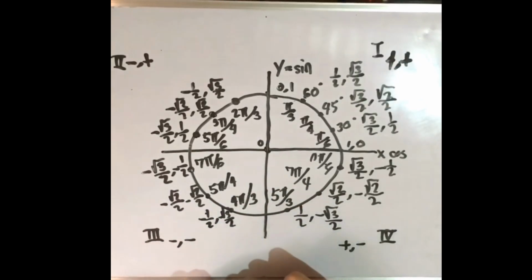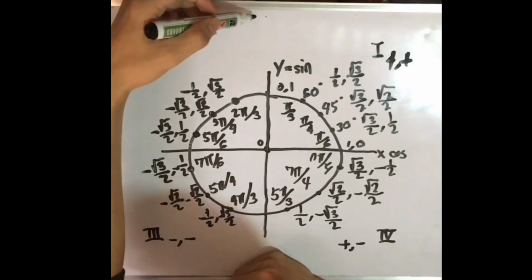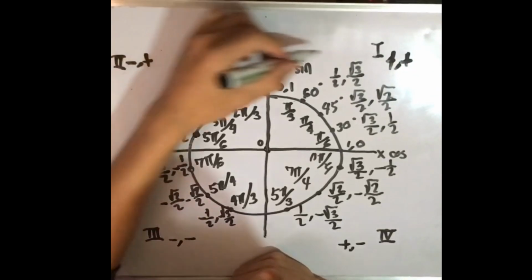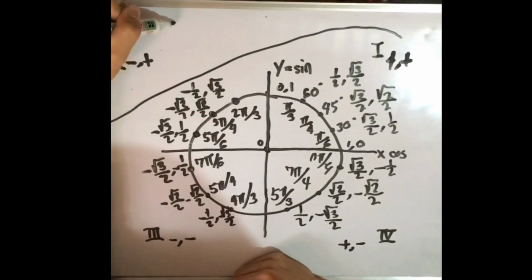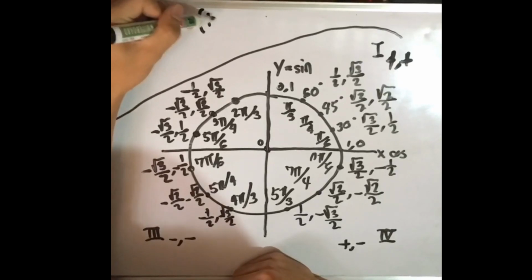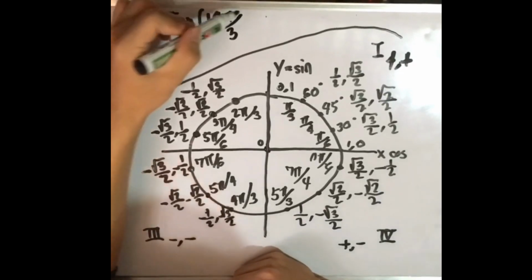Now let's try to solve an example. Tangent of 14 pi over 3.